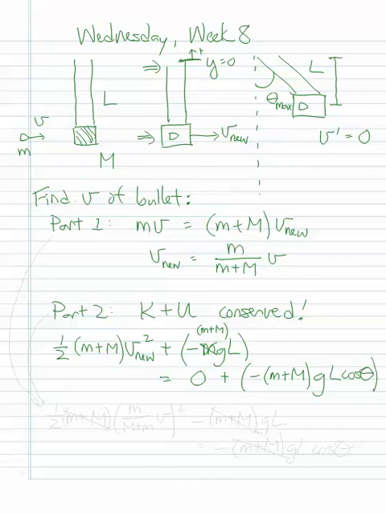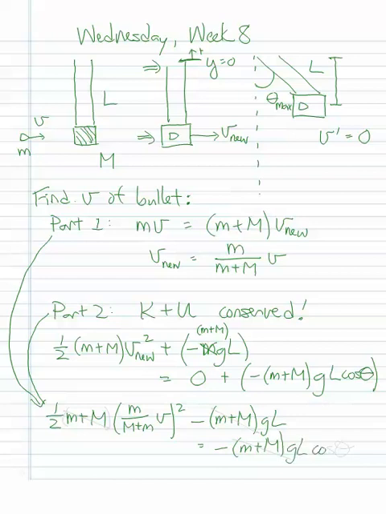Okay, and so what was I trying to find? Oh yeah, so the velocity, and so I know that 1/2 m plus M, so now I take both of these two together, times v new, so m over m plus M v squared minus m plus M gL is equal to minus m plus M gL cosine theta.